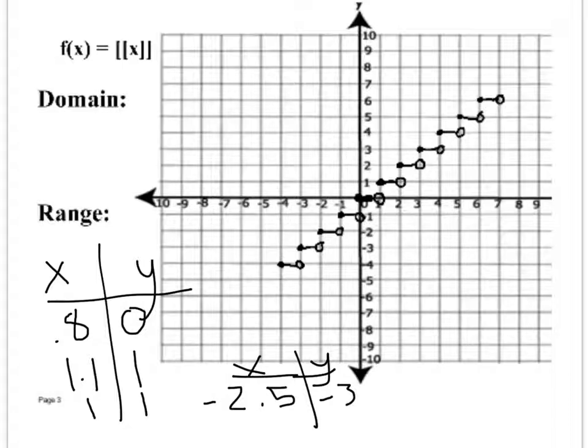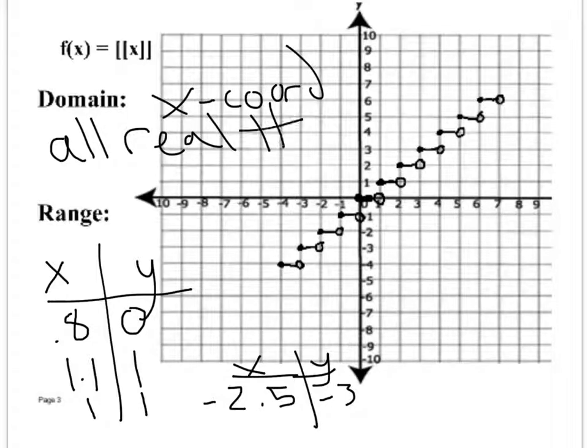So let's talk about what's the domain of this function if it continues on in both directions? My x coordinate, remember domain is x coordinates. Is there a limit to my x's? No. So my domain is all real numbers, because I could have any x coordinate in there.